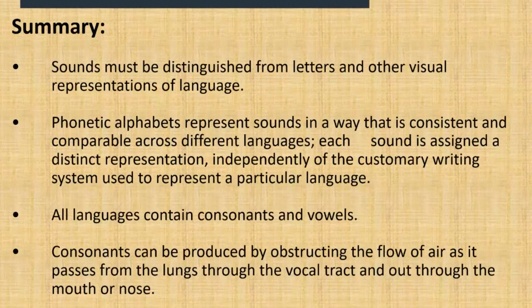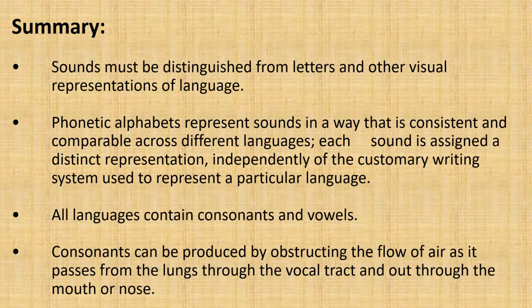Sound must be distinguished from letters and other visual representations of language. Other visual representation means phonetic script. Phonetic alphabets represent sounds in a way that is consistent and comparable across different languages. Each sound is assigned a distinct representation independently of the customary writing system used for a particular language.